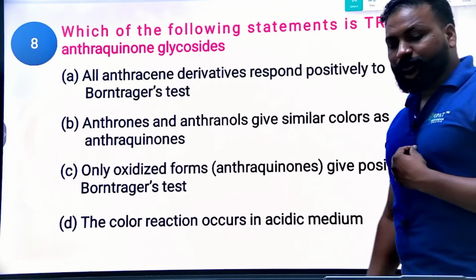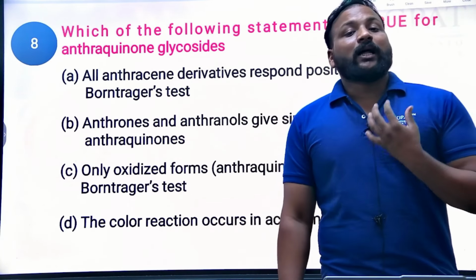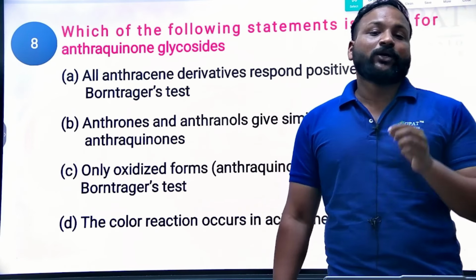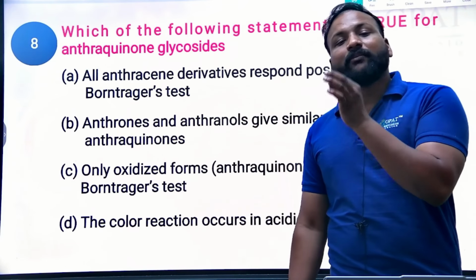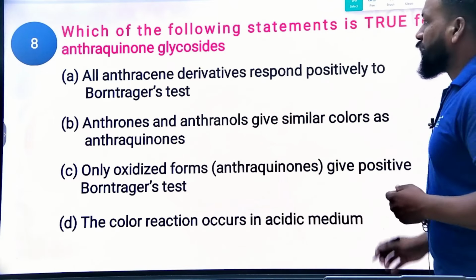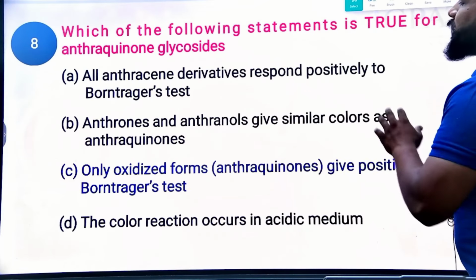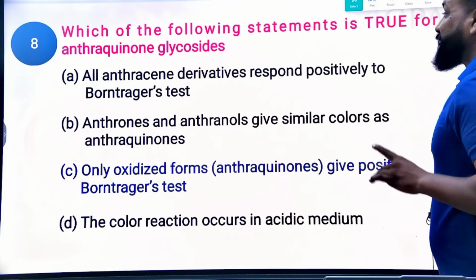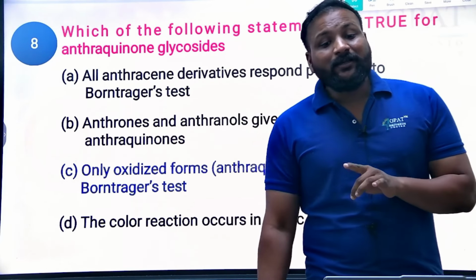While you're studying the classification of glycosides as well as alkaloids, you should definitely remember the physicochemical properties. Yes, the right answer is: only oxidized forms give a positive Borntrager's test.